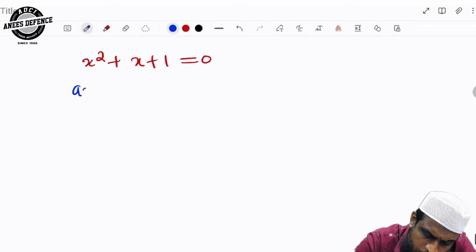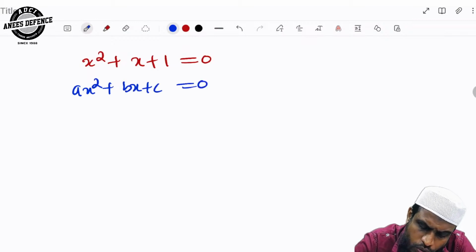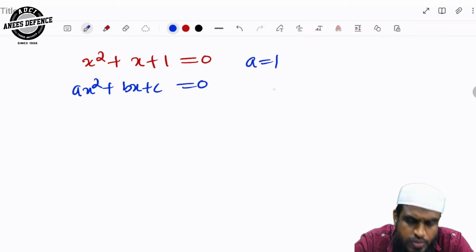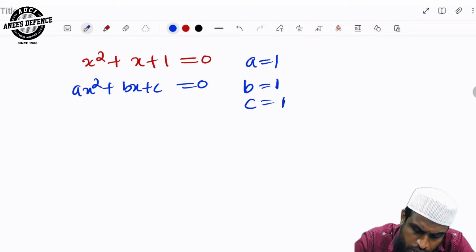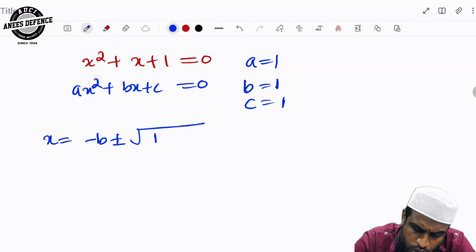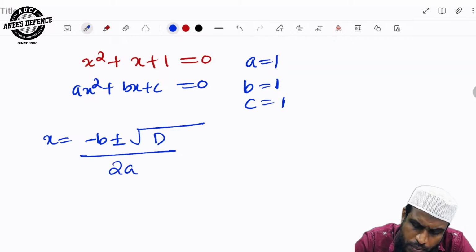So you can compare with ax square plus bx plus c equal to 0. So a equal to 1. That is, a is the coefficient of x square, b is the coefficient of x, and c is the constant part. Here, x can be written as minus b plus or minus root D by 2a.